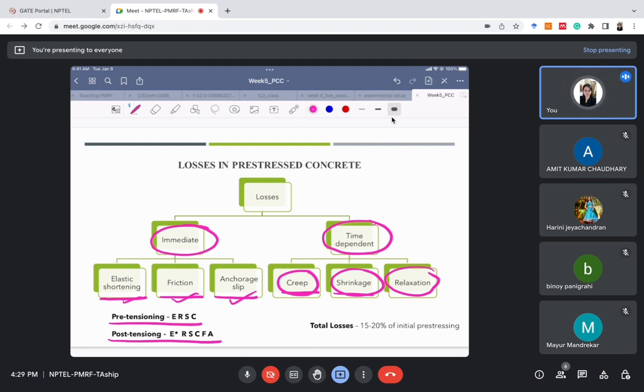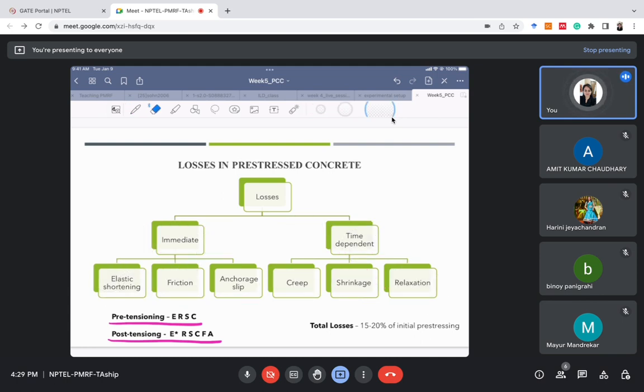In pre-tensioning, only ERSC are possible. E means elastic shortening, R means relaxation, S means shrinkage, and C means creep.